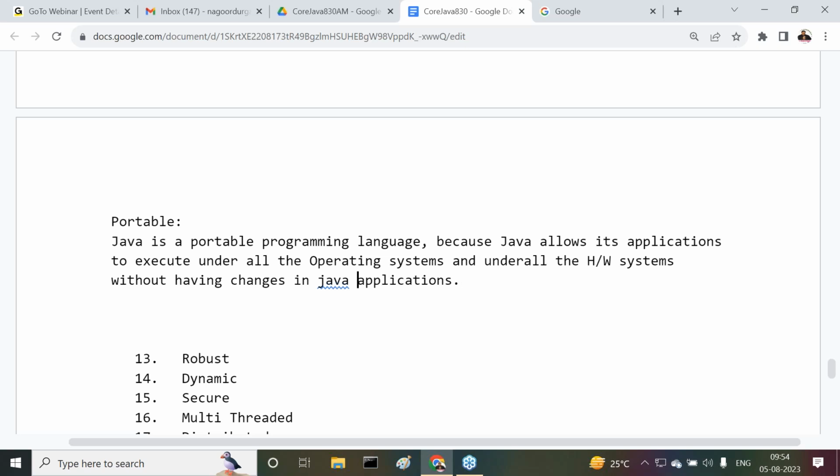So this is the meaning of portability. All features of Java are giving this kind of advantage only.